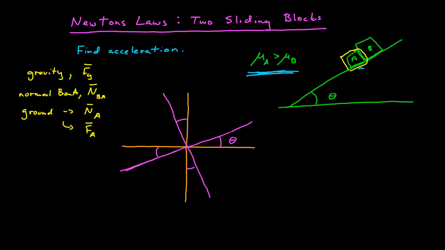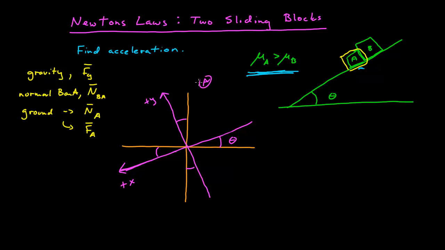Okay, so there's my system. I can do my coordinate system now. I'm going to identify my positive x direction here and my positive y direction here.